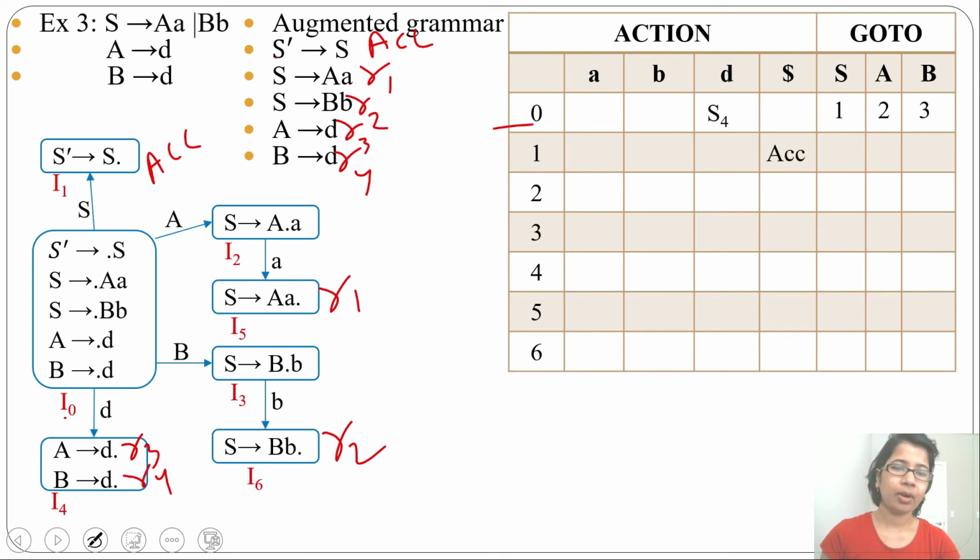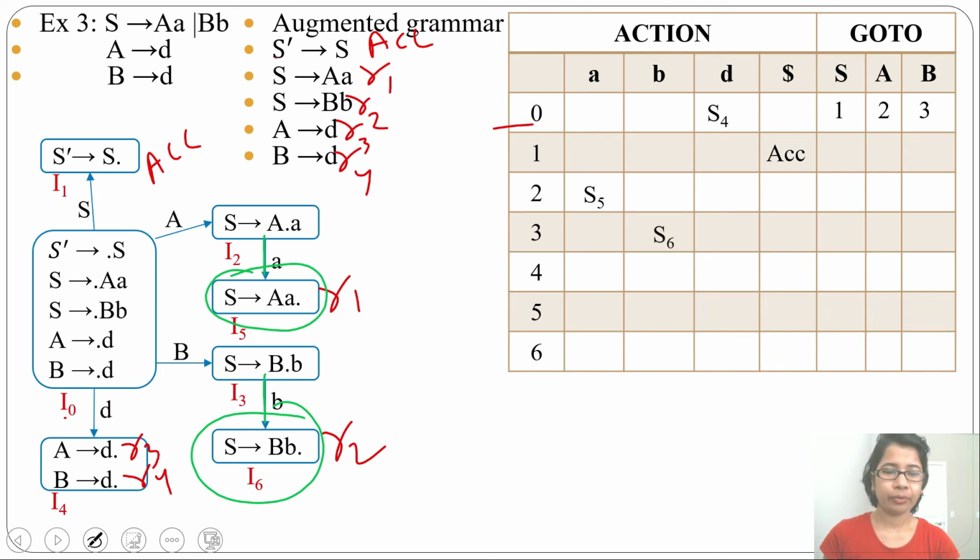Next we will do I2. From I2 there is just one transition by A, it is going to I5. So just write down S5 in the A column. Next we will do I3. From I3 by terminal B, it is going to I6. So in the B column we will write S6.